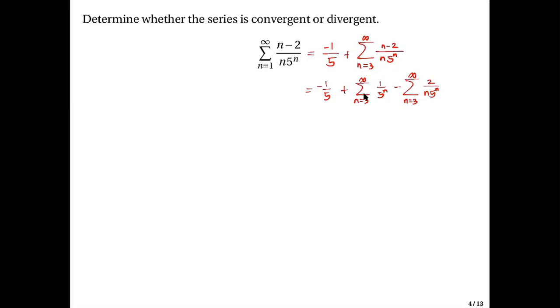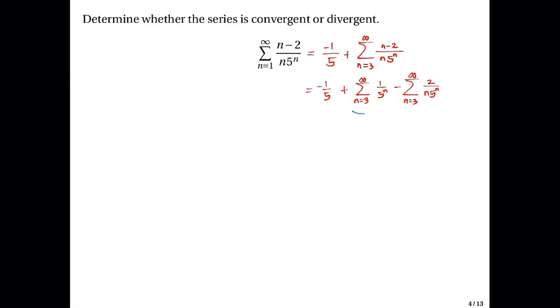And you know that this one is convergent because this is just geometric with 1 over 5 as the ratio. For this other one, we can use the limit comparison test to show whether it is convergent or divergent. Actually, this one is also convergent.